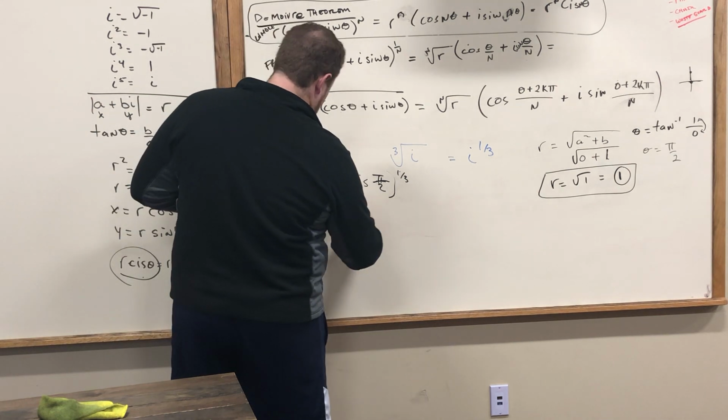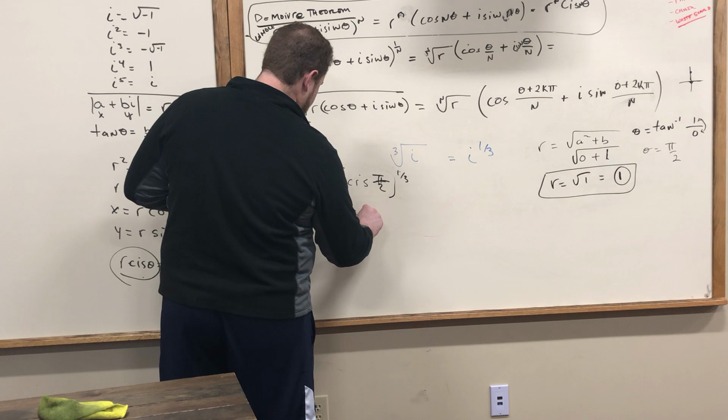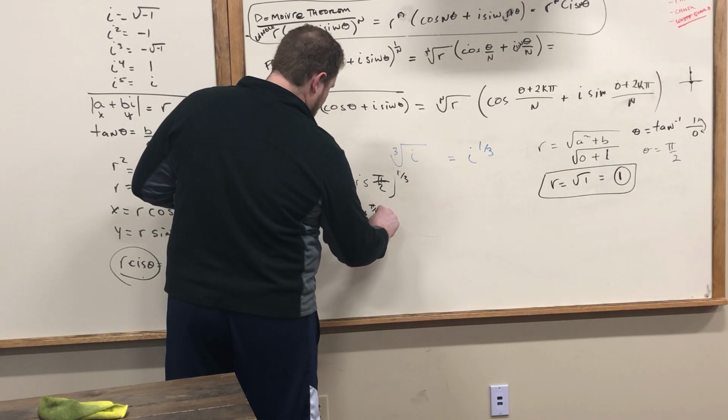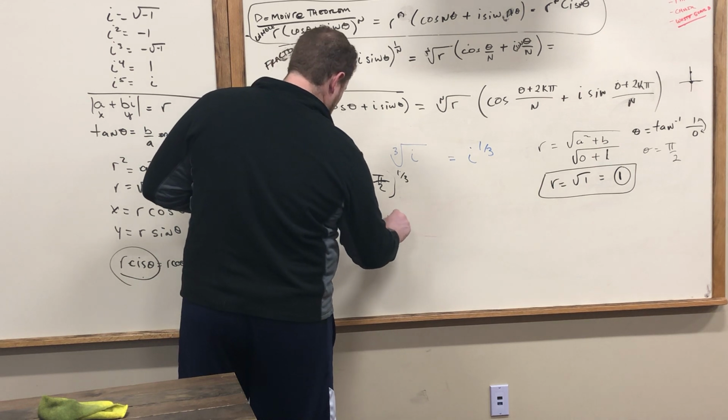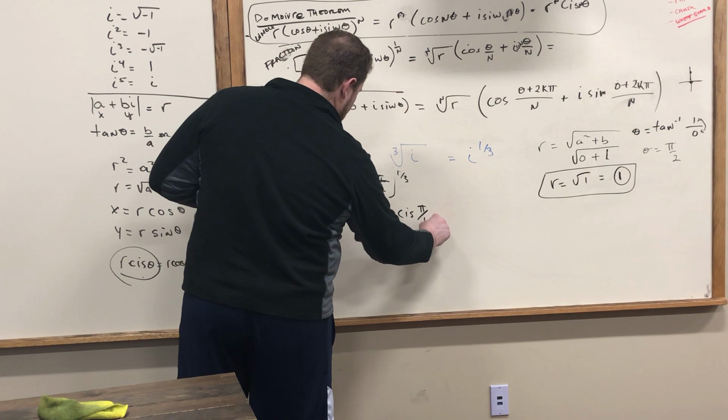If we do that, we're left with 1. 1 to the 1/3 power is really just still 1. And pi over 2 over 3 essentially is cis pi over 6.